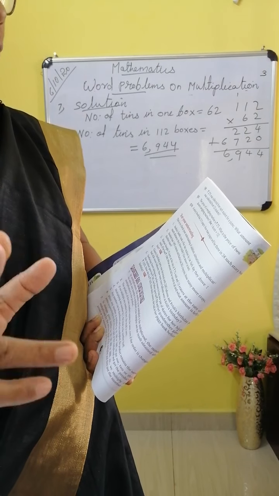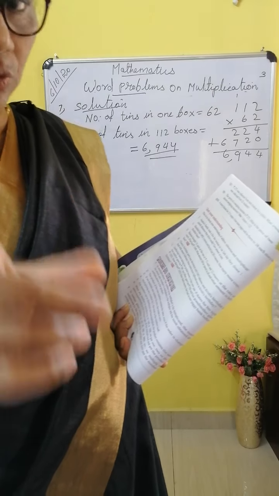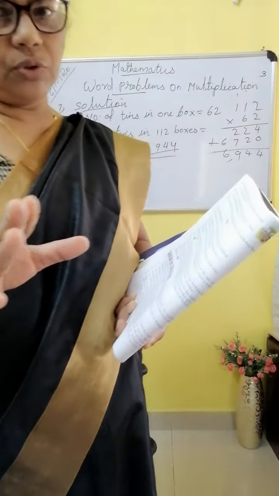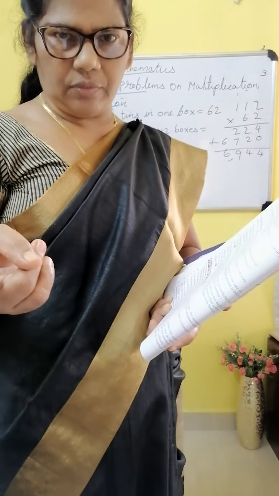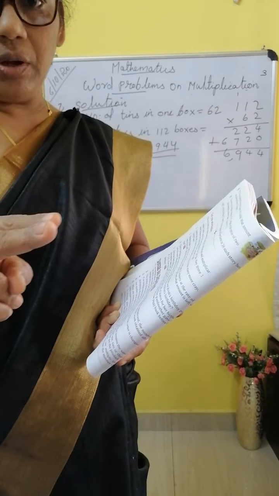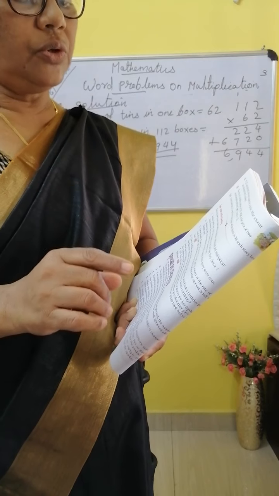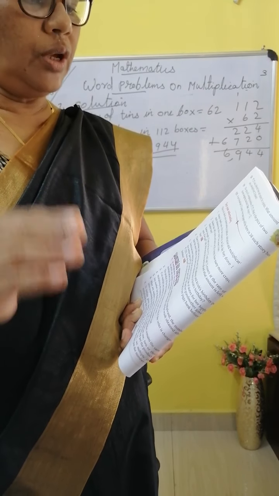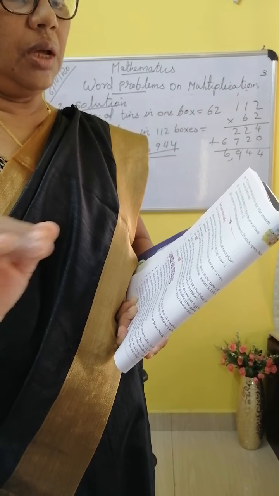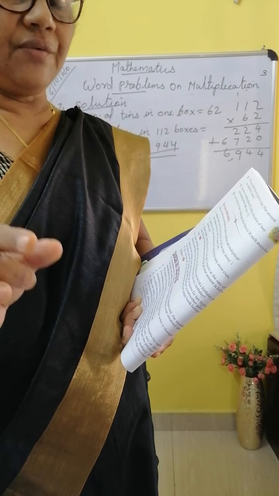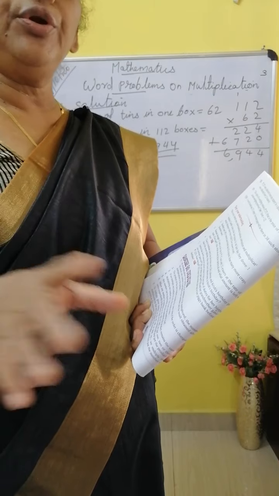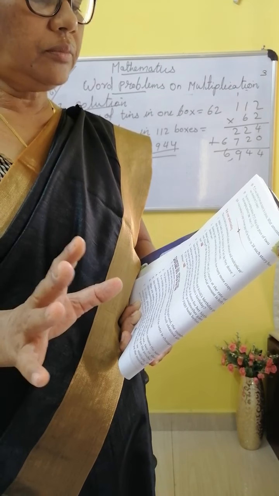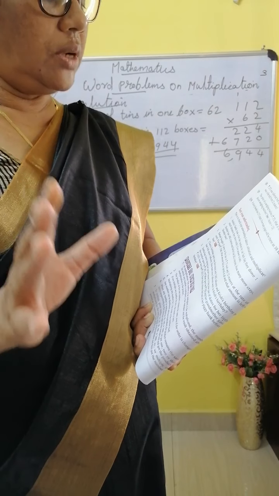Price of 2 dozen: 1 dozen means 12, you understand it. So 2 dozen means 12 plus 12. What is the answer? 24. So the second statement: price of 24 weighing machines equals 375 into 24. Then you will get the answer. Understood?